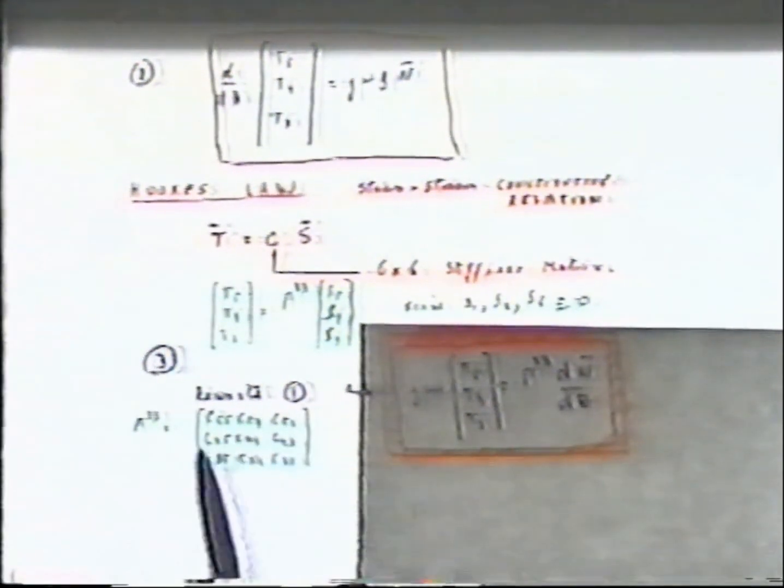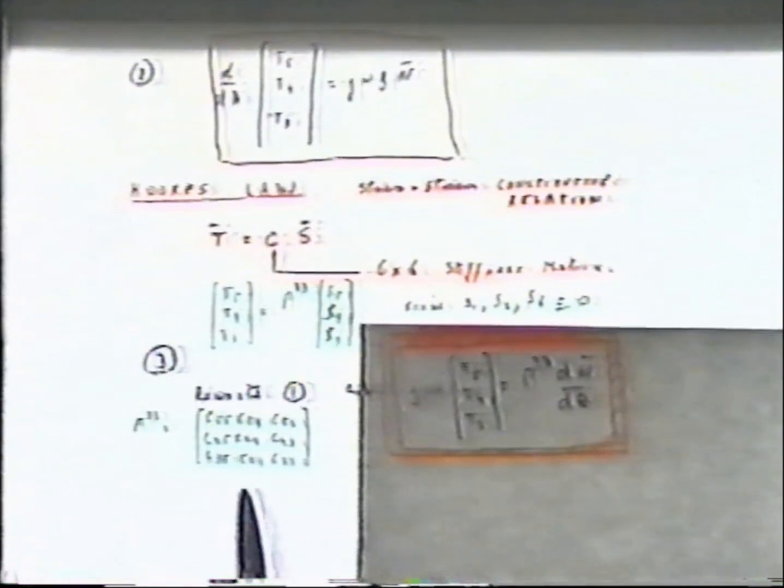Now, because this is symmetric, only 6 of these are independent. But that's not something to worry about. The important thing is that only 3 strains are non-zero, and so I can express the 3 stresses that I'm looking for as the proper linear combination of these strains.